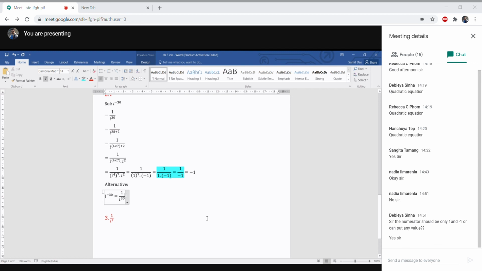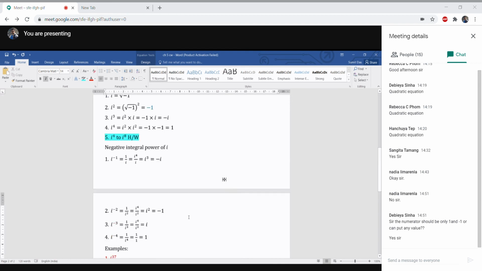I told you one thing, if you remember, that all the values of i to the power 4, 8, 12, multiples of any 4, will give you 1. You can try any number, i to the power 8. I am giving homework: you can try i to the power 12, 16, 20, 24, like this.